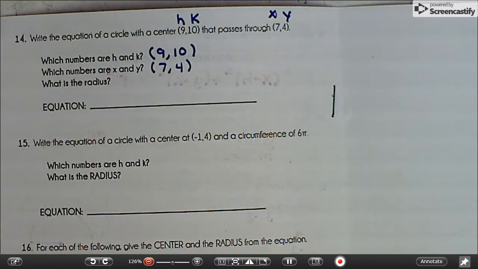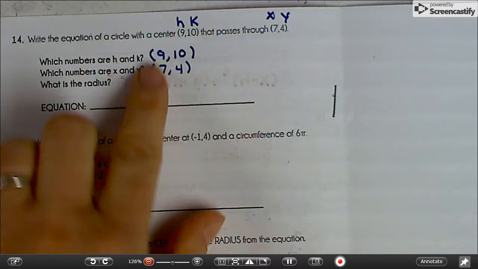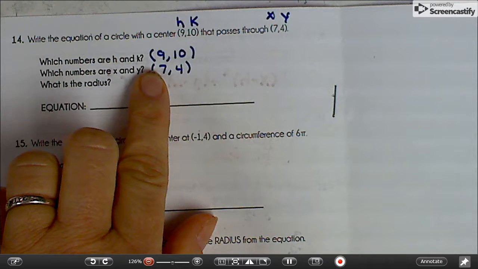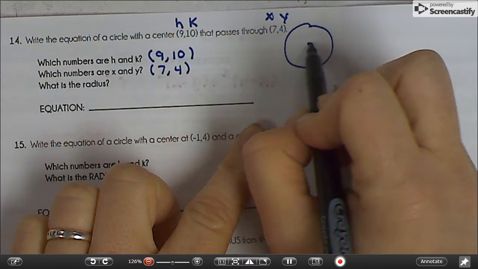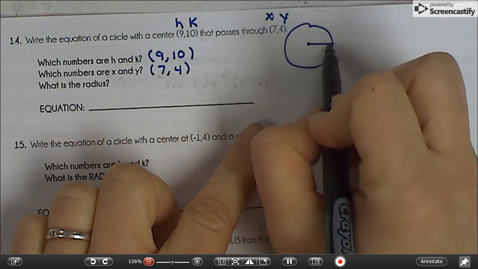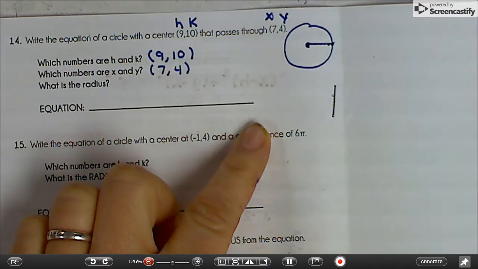And the radius, well, it doesn't give us the radius, but we can use the distance formula to find the radius, because if you think of this on a graph, to find the radius, you would find the length between this point and that point.